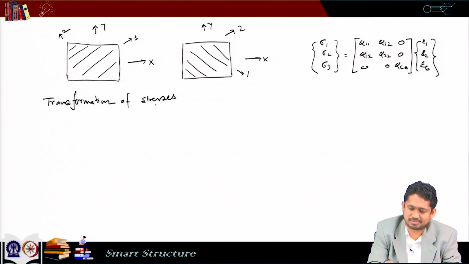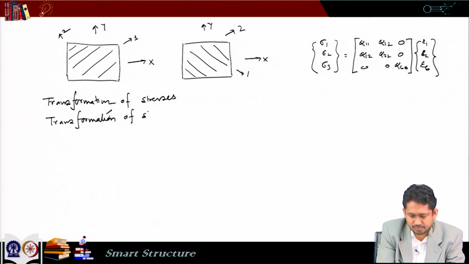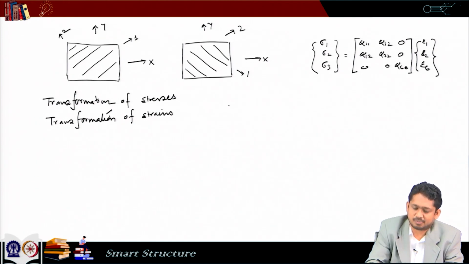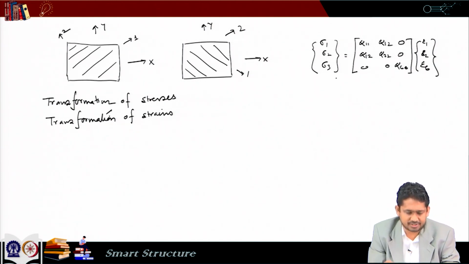So first we transform the stresses, so first we transform this vector, and then we transform the strains. Once we are able to transform the stress into x y and the strain into x y, transformation of this Q is easy. So we start with the stress transformation.